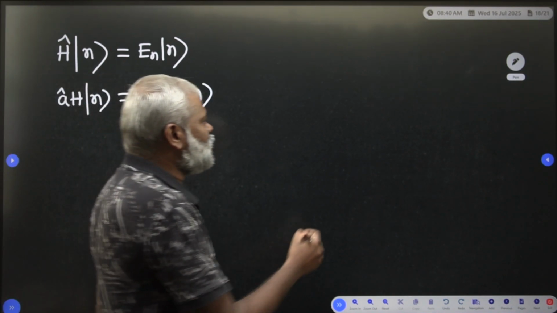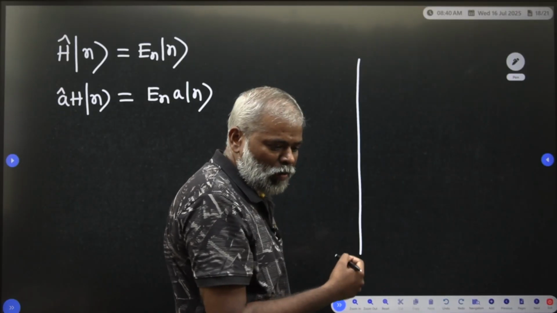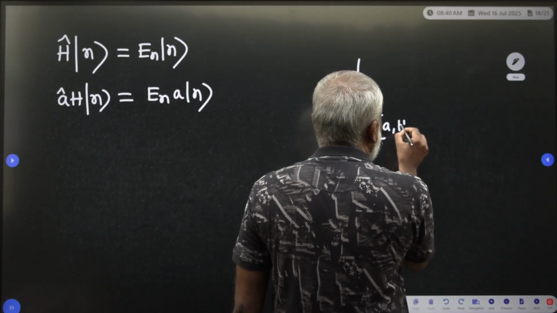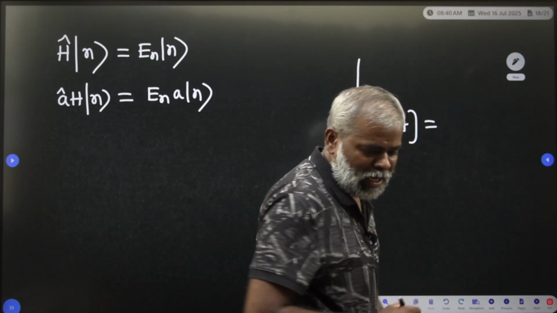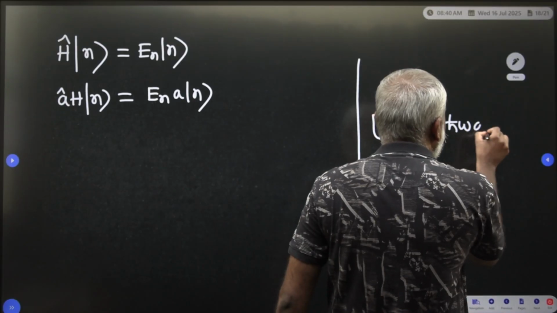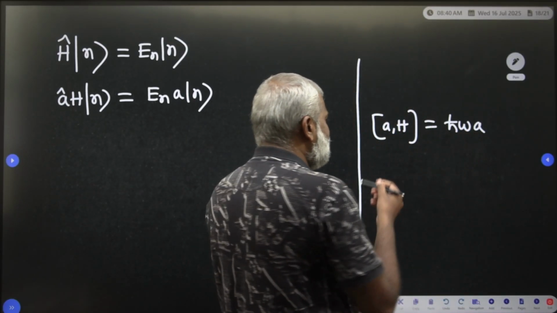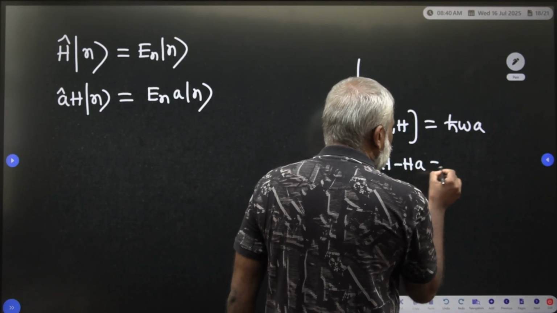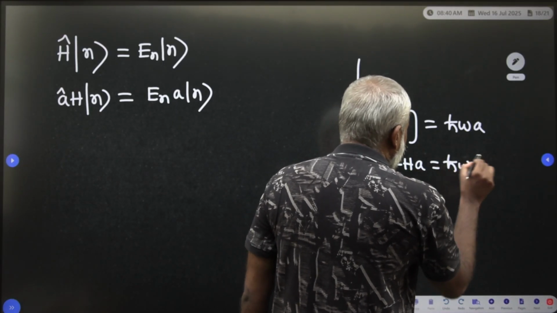But you already know the commutator of a and h is equal to h cut omega a. Already in the previous classes we discussed that ha minus ah is equal to h cut omega into a.